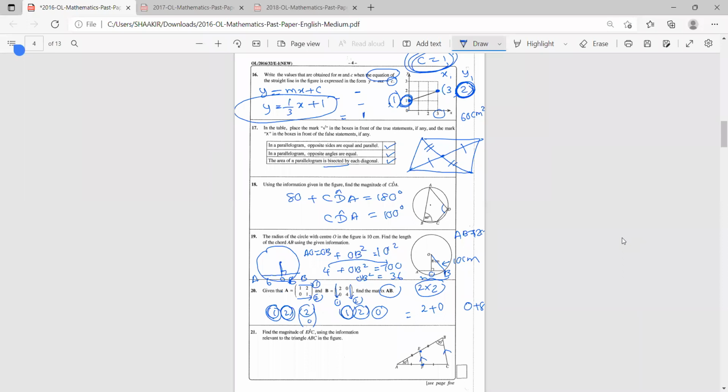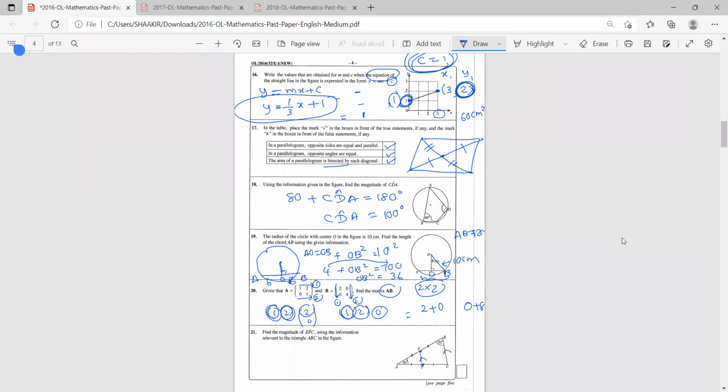So I can say that straight line EF is parallel to the side BC, and also it will be half of it. But we don't need that part for this question.